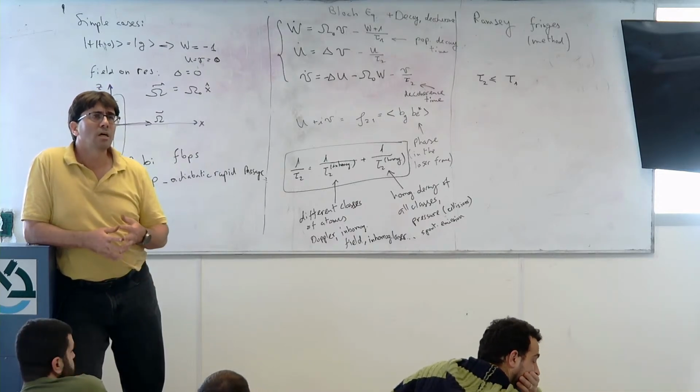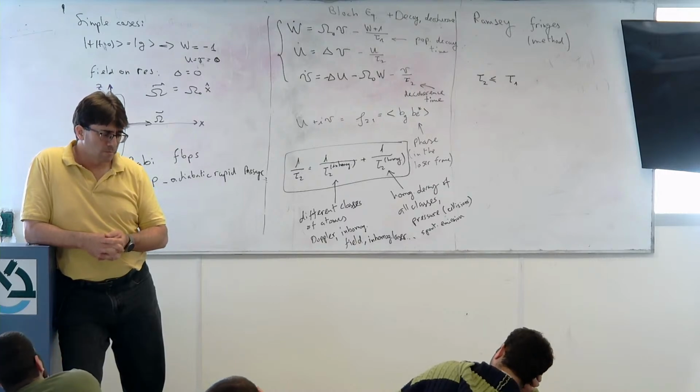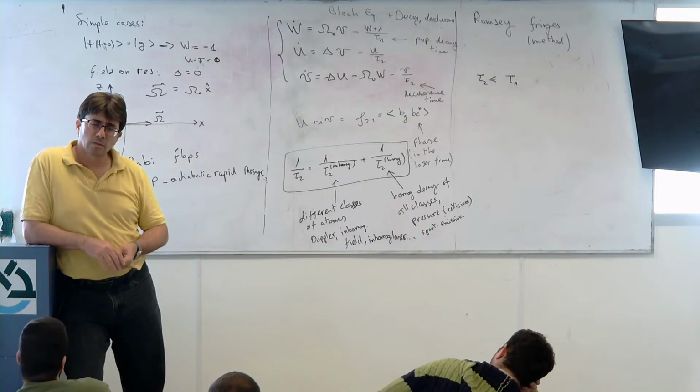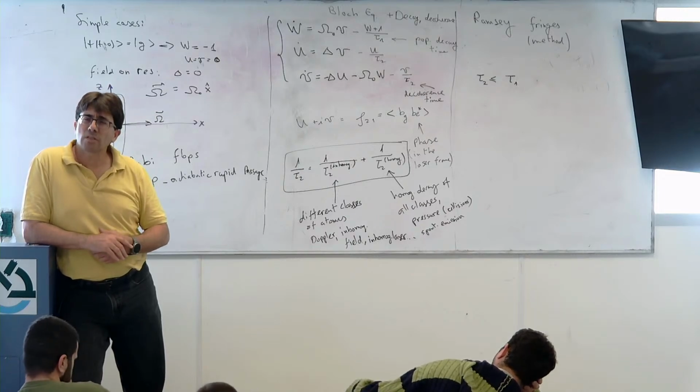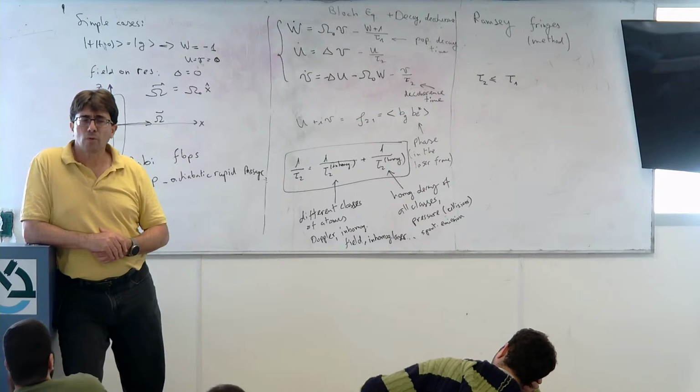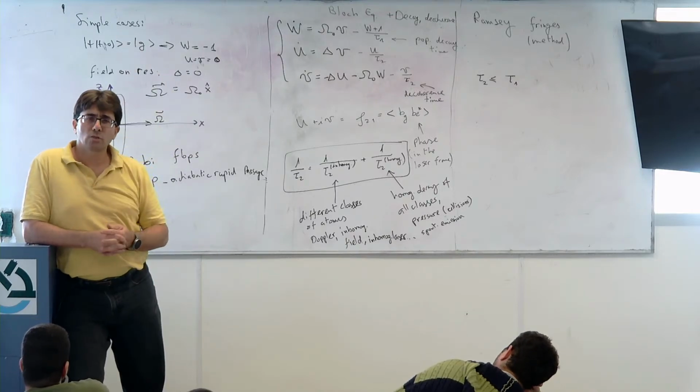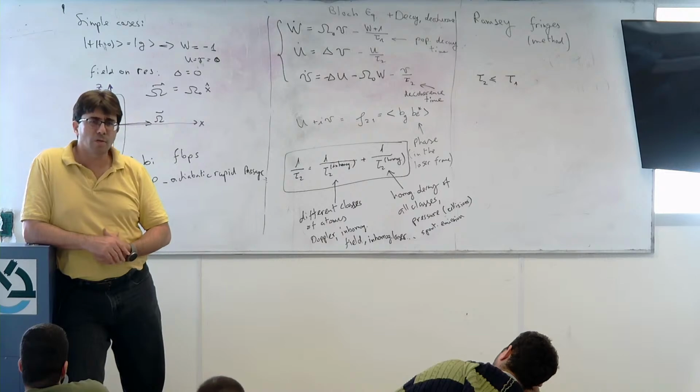But staying with just a brief introduction to Ramzi. Ramzi said, look, if I want to transfer atoms from ground state to excited, I can do it with a single pulse. This is called a Rabi pulse, and it's also called a pi pulse.